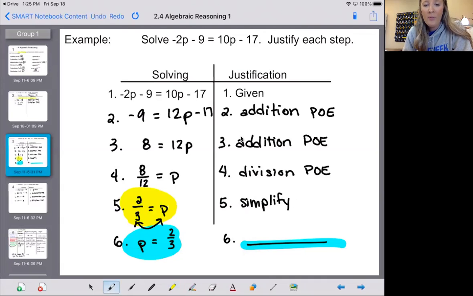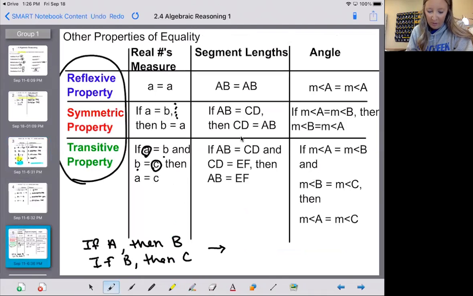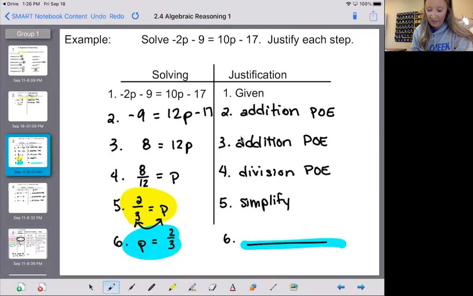And so what property allows us to take something and flip it around? We just learned the symmetric property here is what allows us to take something that's equal and reflect it across itself. That's the symmetric property. It goes across the line of symmetry. So the reason that P equals 2/3 is because of the symmetric property.